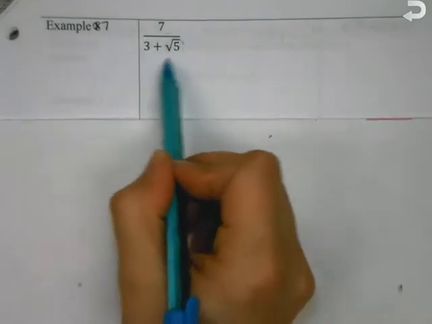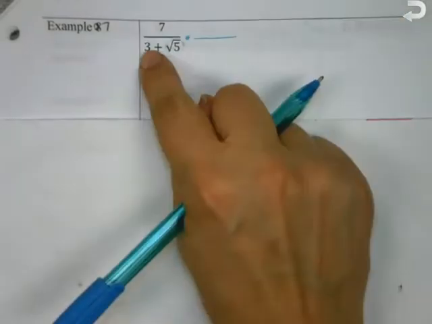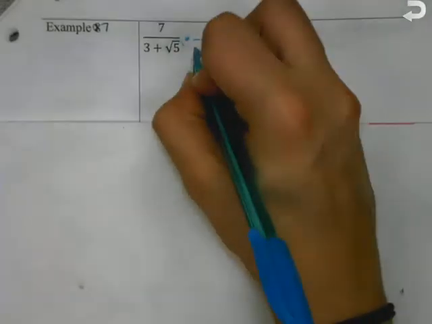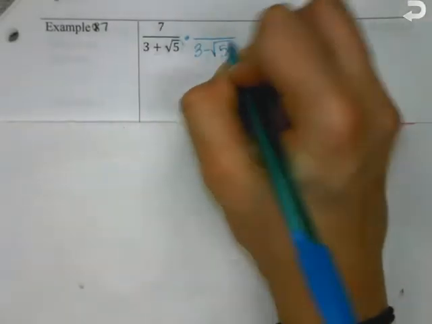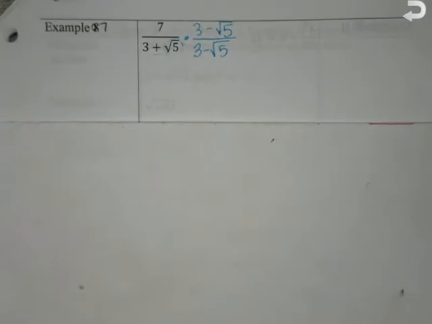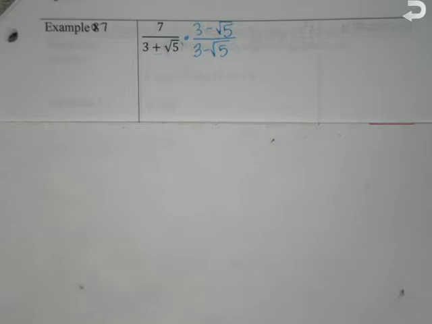If I have 3 plus root 5, what would the conjugate of that be? 3 minus root 5. Same kind of idea, we have to multiply top and bottom by the same thing because those end up reducing down to 1, so it's not actually changing the value, it's just changing what it looks like. I suggest that you put all of these in parentheses.